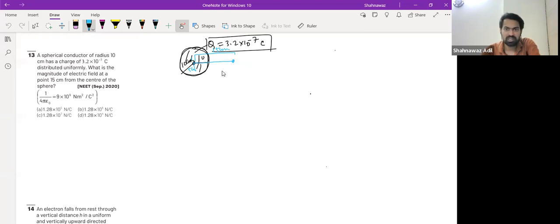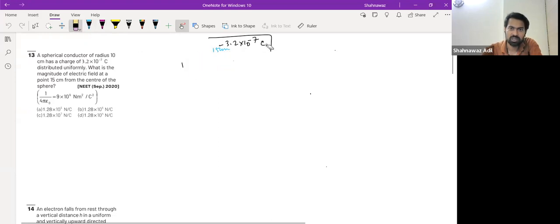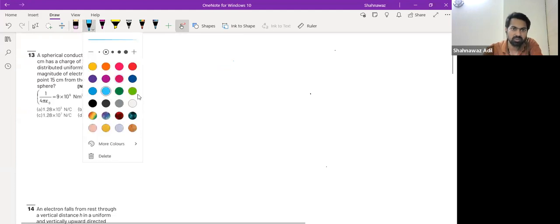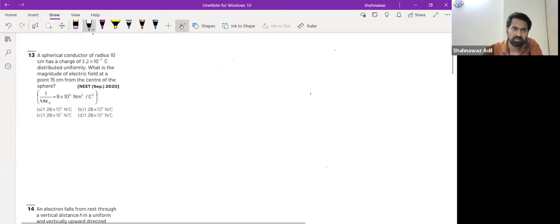Whenever this is outside the sphere and this spherical conductor has uniform charge density, we can assume this sphere to be a point charge. Then we know the electric field due to a point charge.